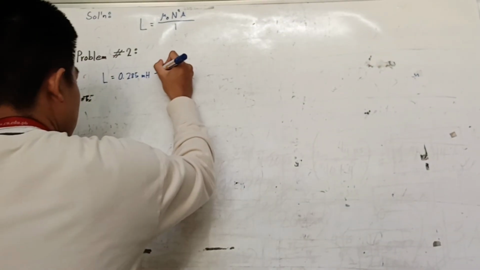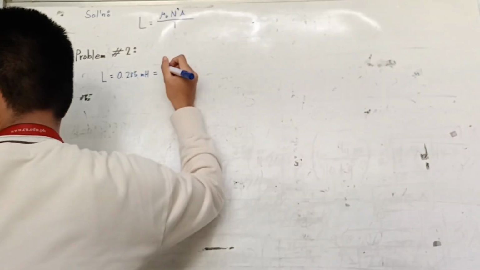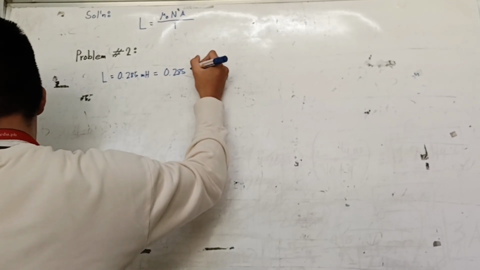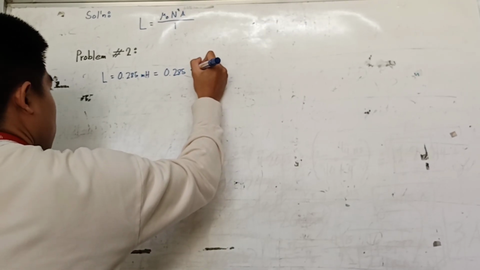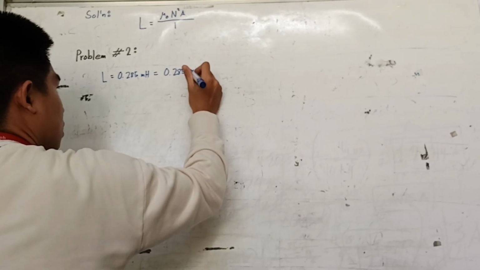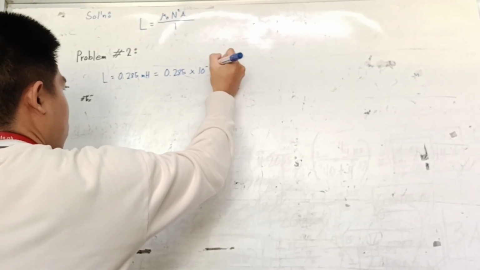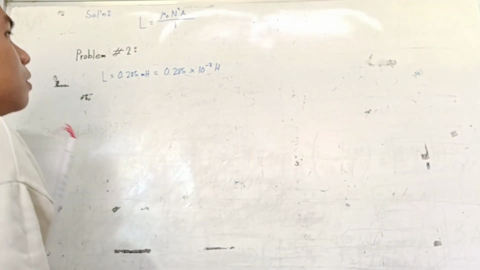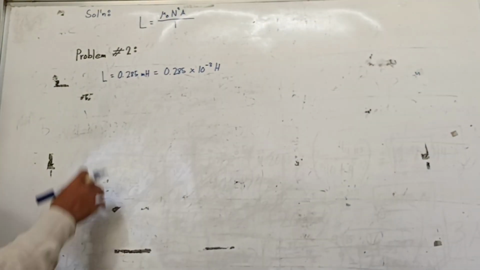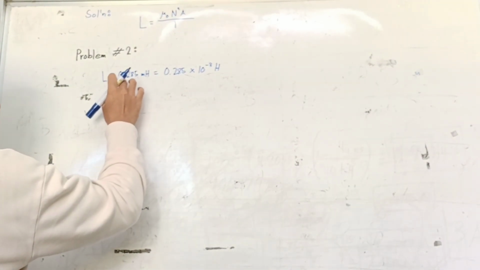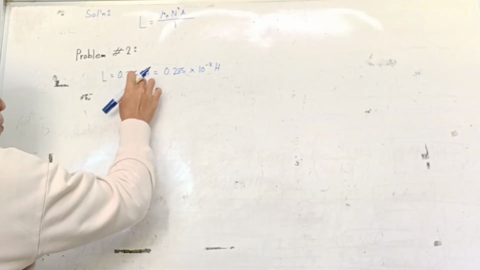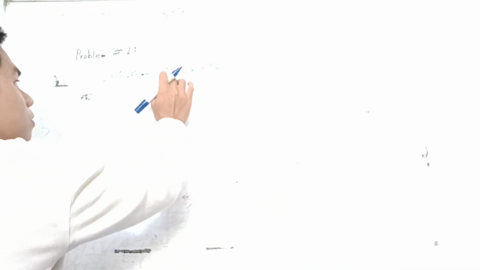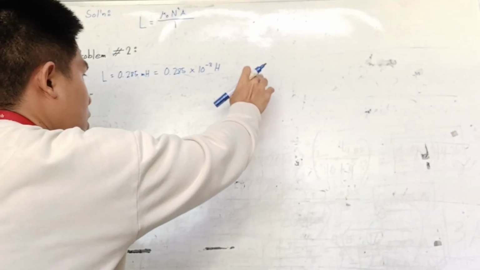So, we need to rewrite it like this. The given inductance is 0.285 millihenries, which is 0.285 times 10 to the negative 3 henries.